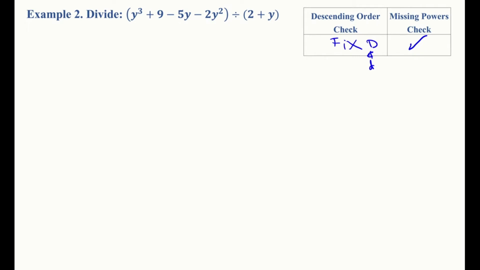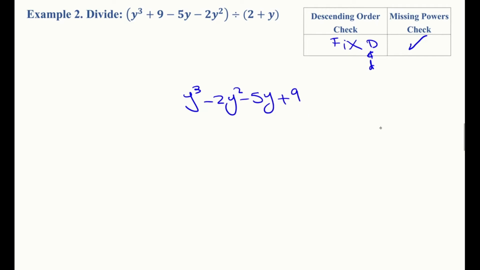So the first one becomes y cubed minus 2y squared minus 5y plus 9. That's our dividend right here in descending order. Y cubed minus 2y squared minus 5y plus 9.